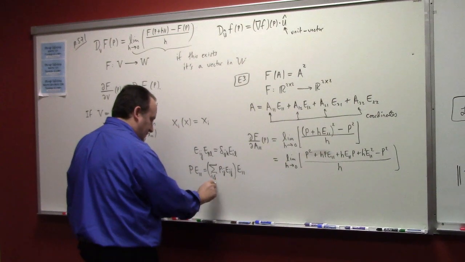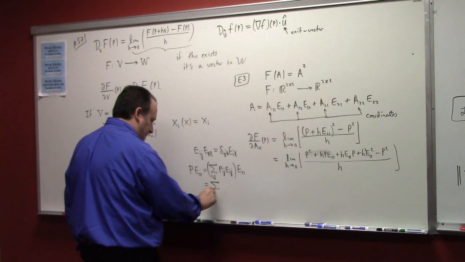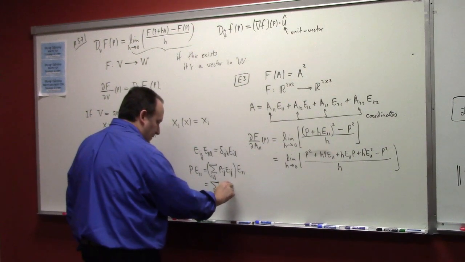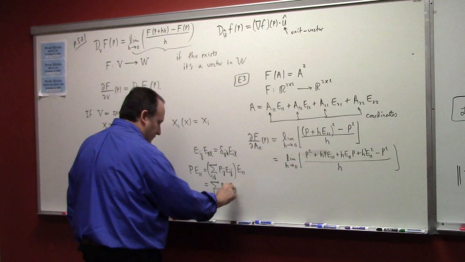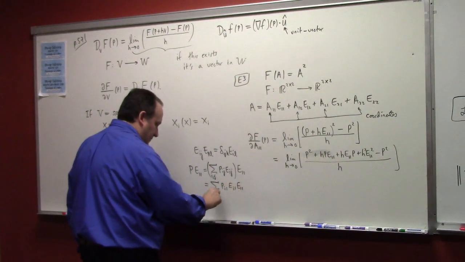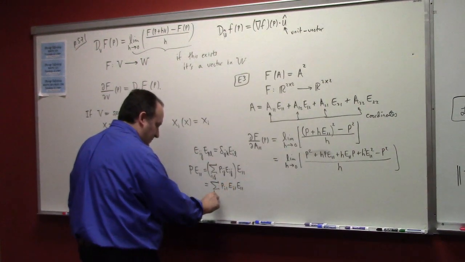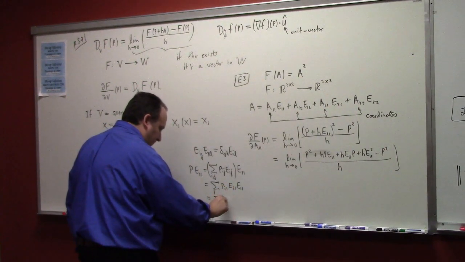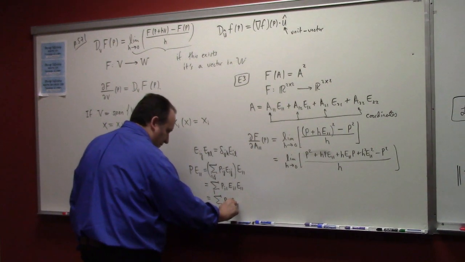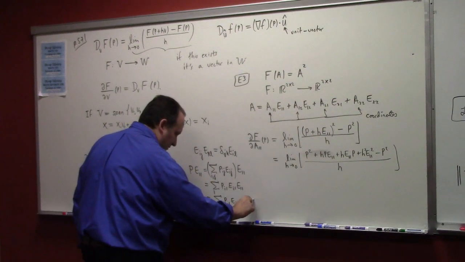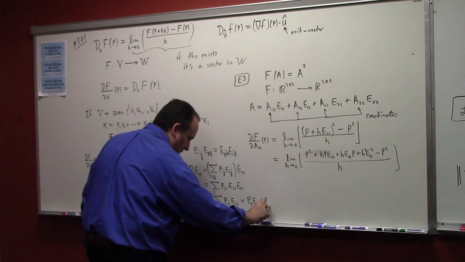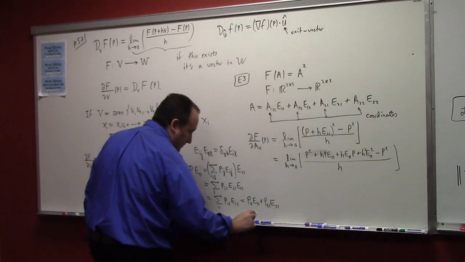So I get the sum over I of PI1 EI1, which of course is P11 E11 plus P21 E21.